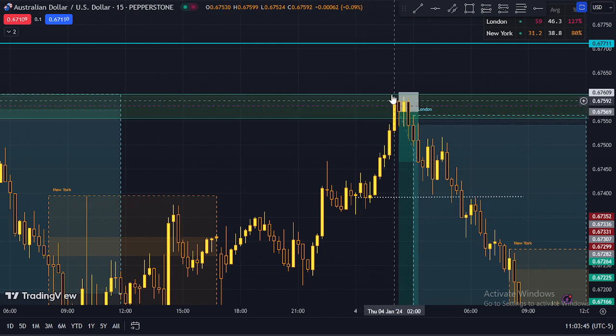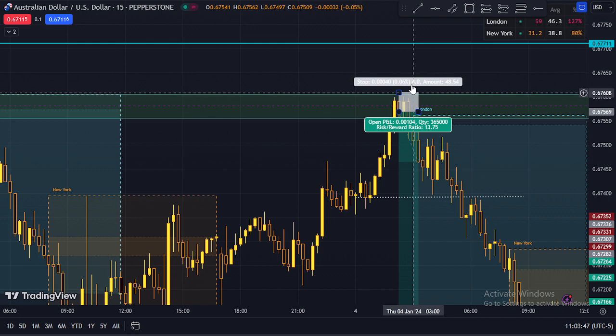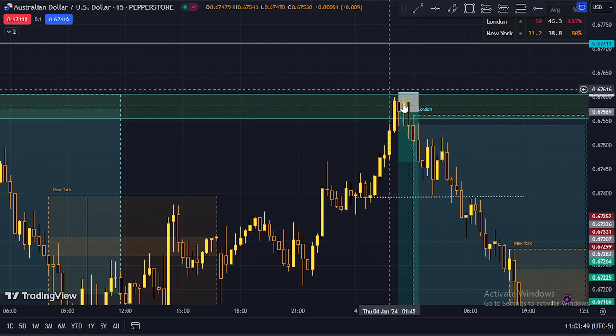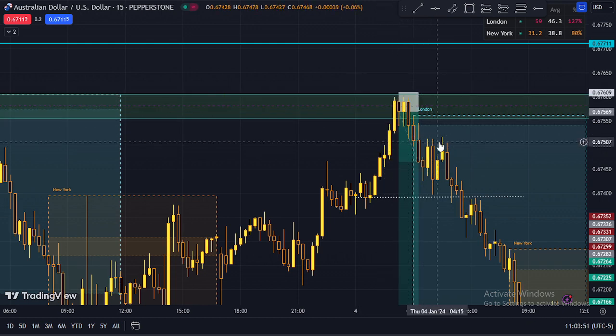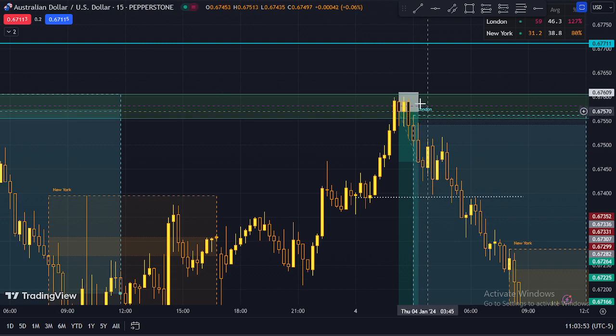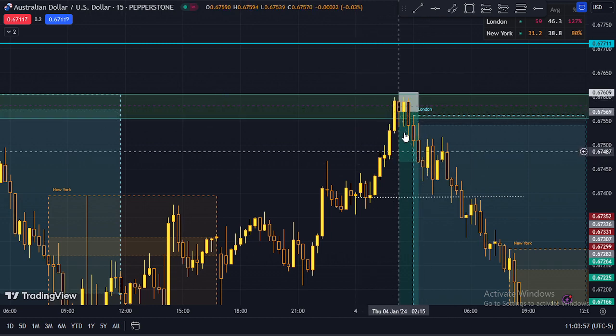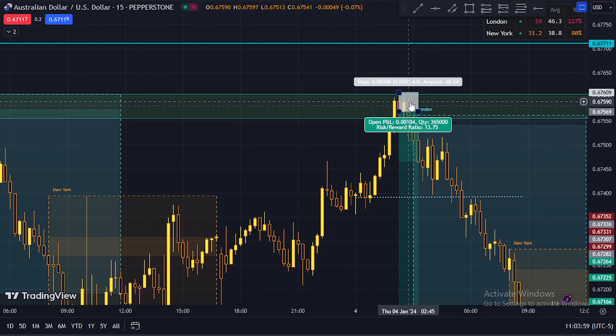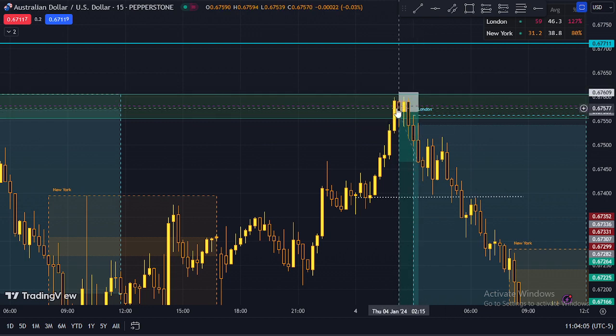We spent some time meandering around that area, repricing and making that inefficiency efficient. While we are up here, this is exactly at London Open. So we have time on our side.